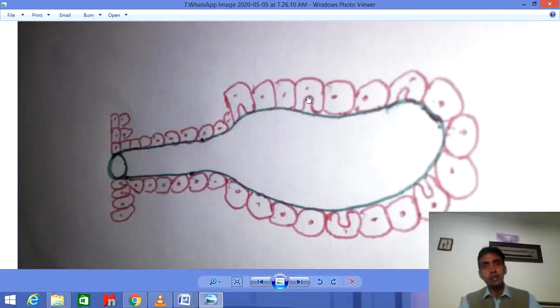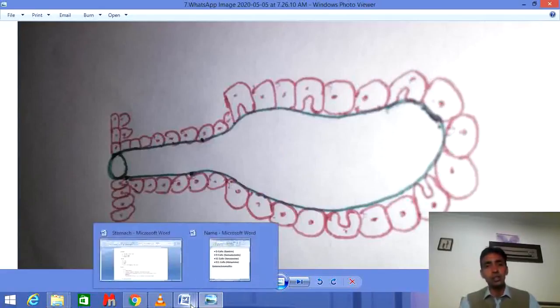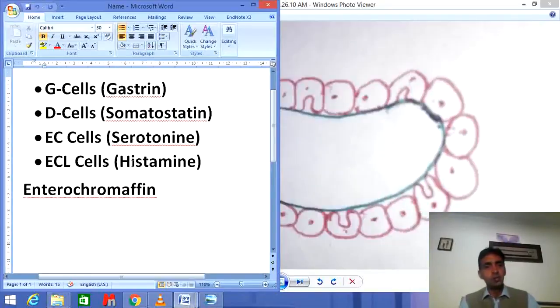These stimulate the parietal cell. The EC cell and ECL cell are always located in the proximity of the parietal cell. There is a type of receptor called the histaminic receptor, which is present on the parietal cell, and when the ECL cell secretes the histamine, that histamine combines with the histaminic receptor of the parietal cell, which leads to activation of the parietal cell to secrete the HCl.